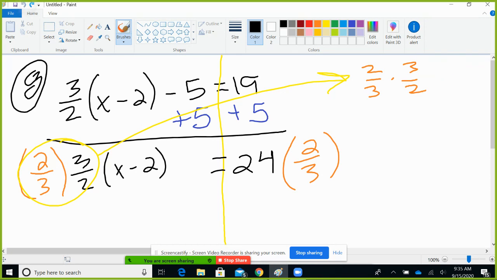So if we go back to the beginning, that's as far back as it's letting me go. Let's erase this stuff.